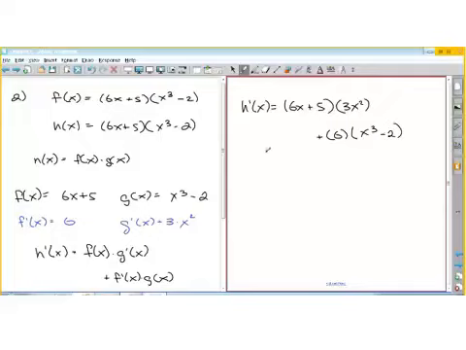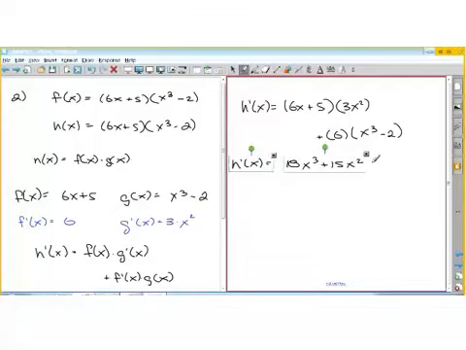So that's the answer. We usually want to simplify things, so we multiply everything out using the distributive property. So 6 times x is 18x. X times x squared is x cubed. Then we do the second term, so we get 15x squared. So that's this part. Then we add the second part, so let's go ahead and multiply that out.